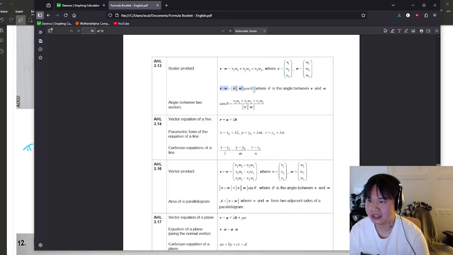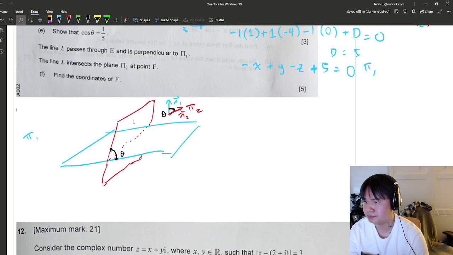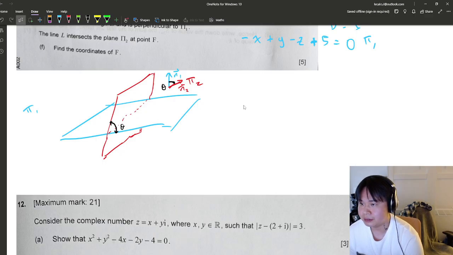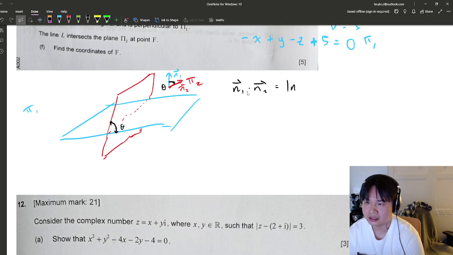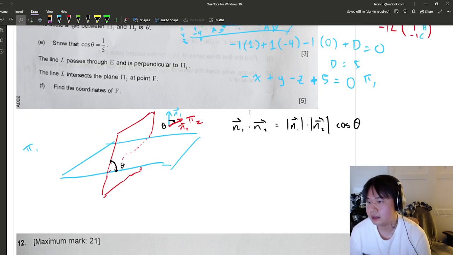The scalar product is also calculated by taking the length of this times the length of that times cosine. So we're going to do that. n1 dot n2 is equal to the length of n1 times the length of n2 times cosine theta.